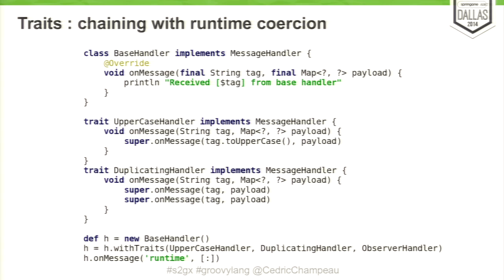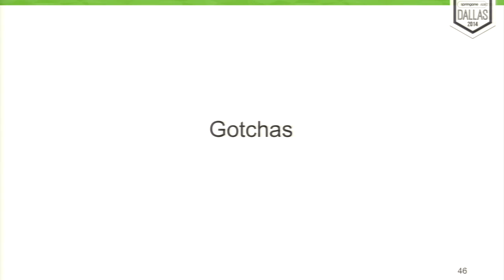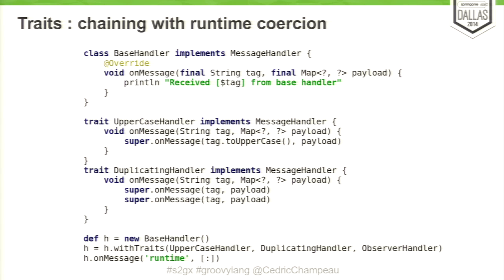And then I can do, okay, create a base handler, and then coerce it with traits uppercase duplicating observer. And what you will do, so first calling this one, which calls super. So I'm going to duplicating, so it will call message twice, and then call this to uppercase, so I should see at last receive the message with the uppercase. Is it clear for everyone or not?